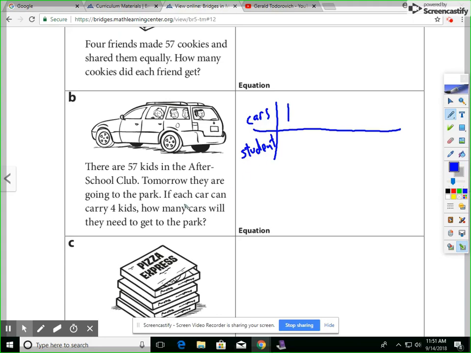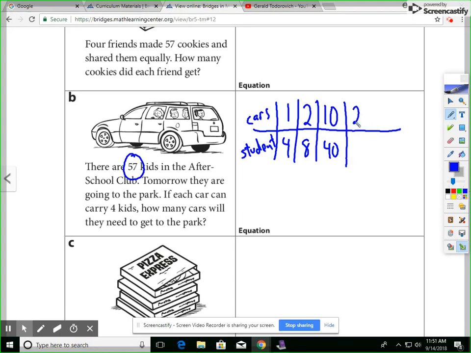So if we have 1 car, we can take 4 children with us. If we have 2 cars, double, we can get to 8. Maybe we have 10 cars. So 1 to 10, just adding a 0 on it, times 10. So 4 times 10. With 10 cars, we'd be able to take 40 students.